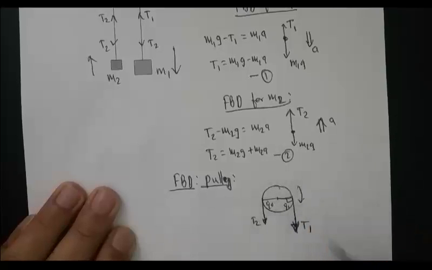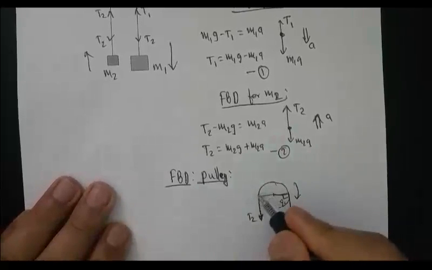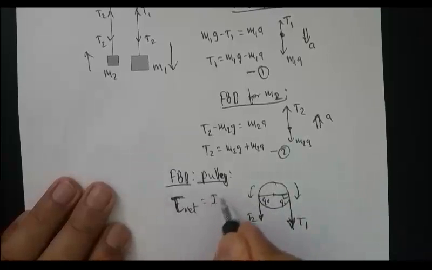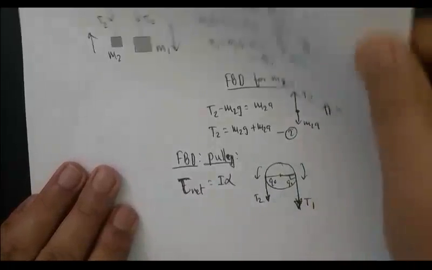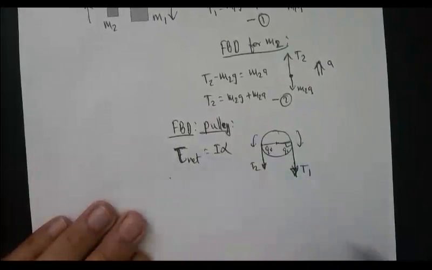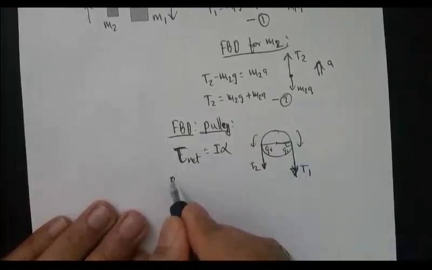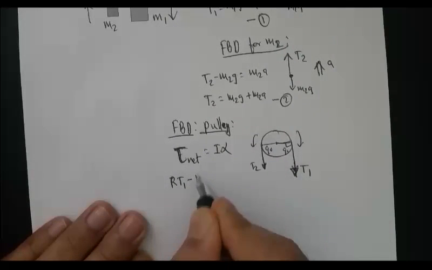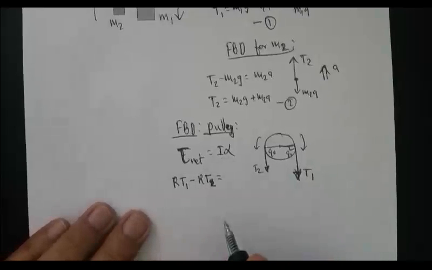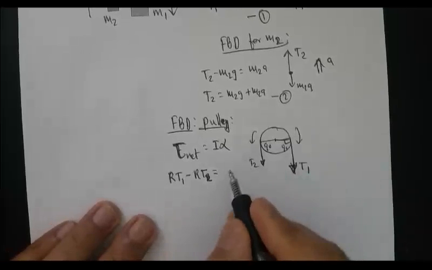So it's trying to produce rotation that way, but net torque tau is I times alpha. And net torque is now R F sine theta, sine 90 is 1, so R times T1 minus R times T2. I'm again making the greater torque positive. Don't worry about clockwise and counterclockwise right now.